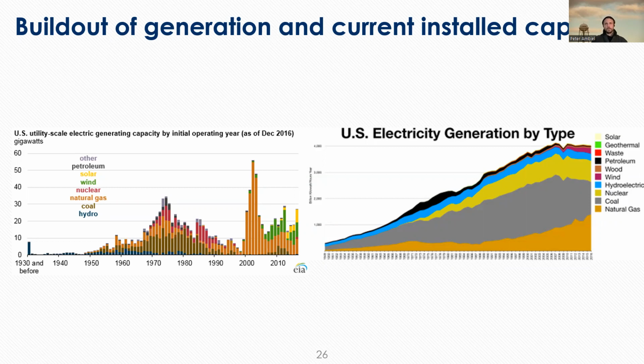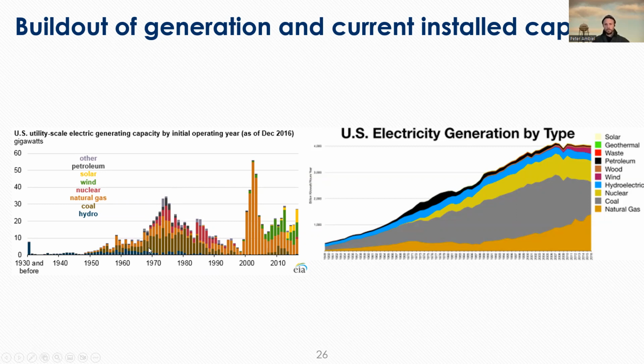Utility scale generation capacity by initial operating year. So the chart on the left shows when power plants essentially were installed in the US. We can see that there was a large growth in power plants in the 70s, leading up to the 70s and declining slowly over time.